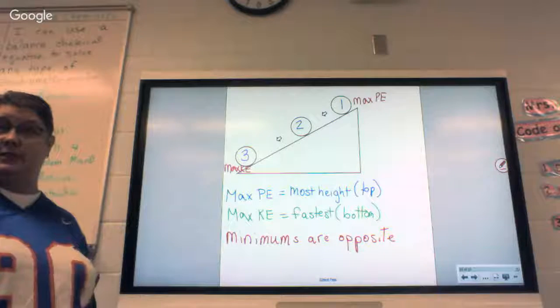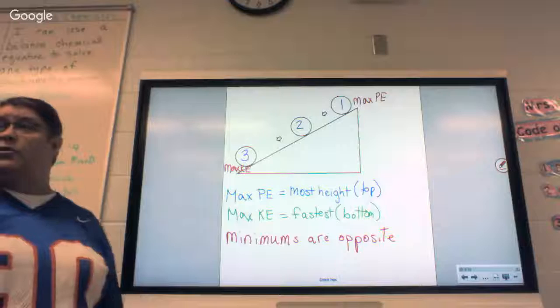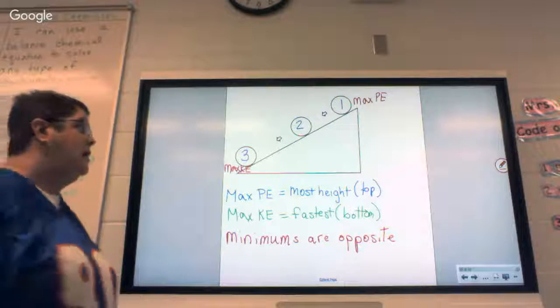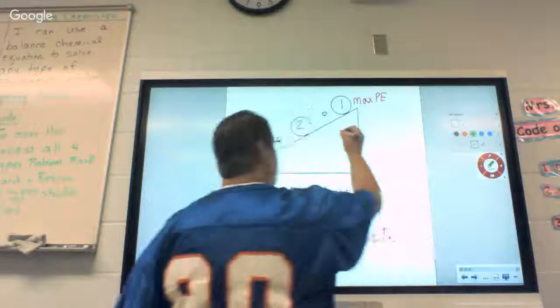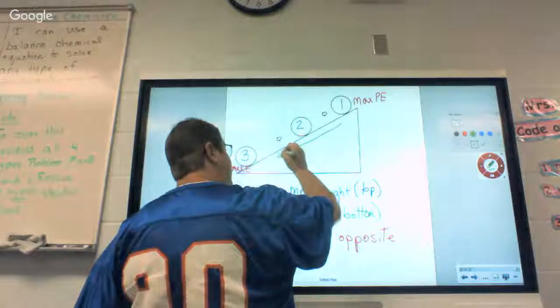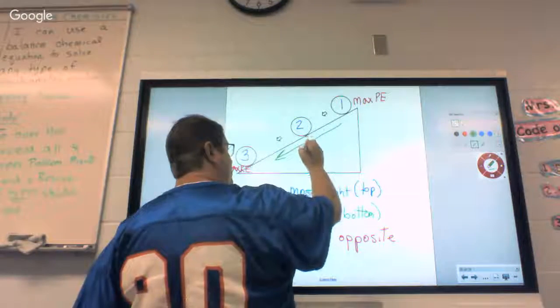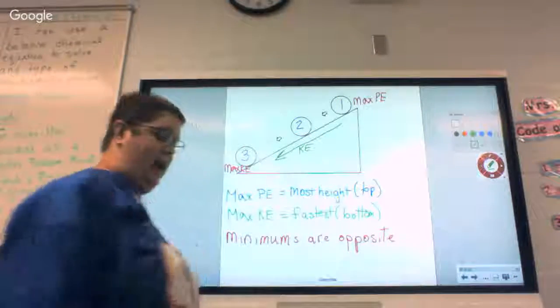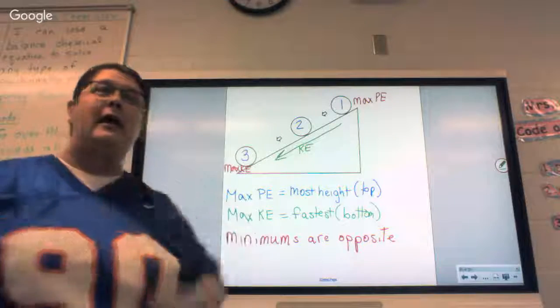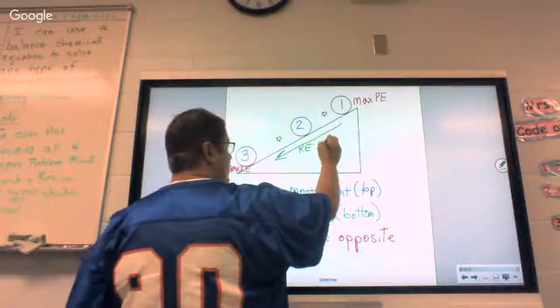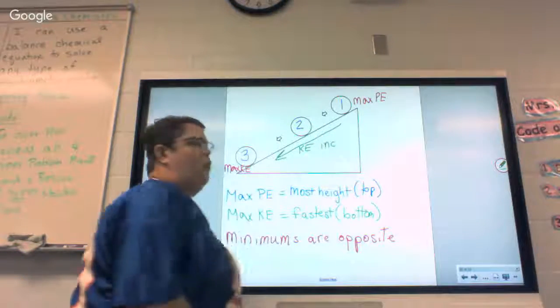Minimums are the opposite. Now, the other thing you have to understand is what happens to it as it goes down. So what happens to kinetic energy as the ball rolls down the hill? It increases. All right. Why does it increase?